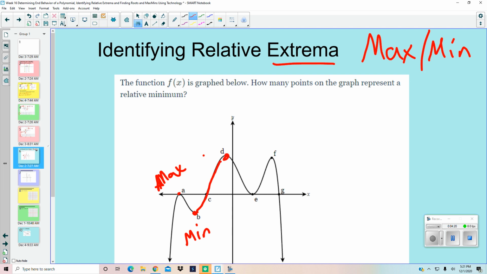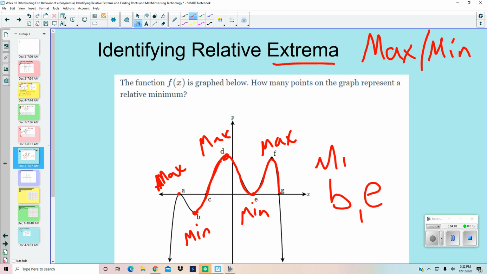But up here at D, I have another maximum because the slope went from positive and then back down. Here I have a minimum at E and another maximum at F. So in Delta Math, they're going to ask you to find just one or the other. So B and E would be minimums.